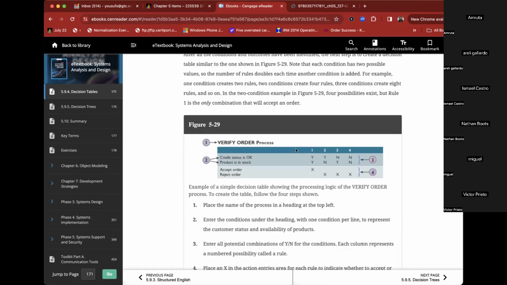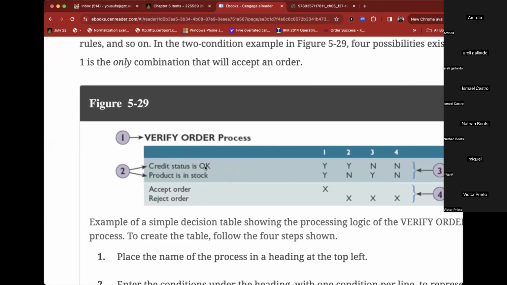This is the decision table that we have come up with. So credit status is okay and product is in stock, I can accept the order. Credit status is okay, but product is not in stock, so the credit status is meaningless.